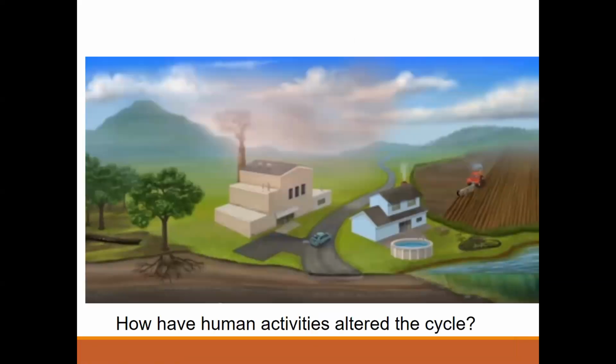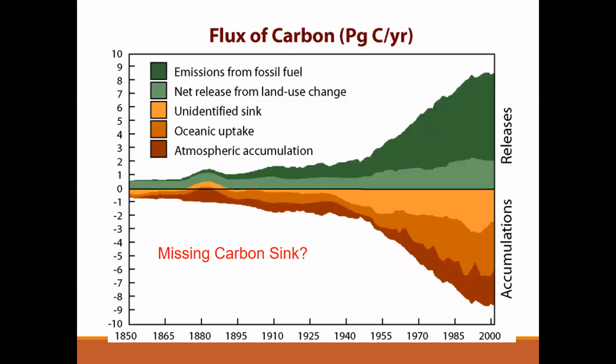Another question: how have humans altered the carbon cycle? Looking here, you can see some general ways we've altered the carbon cycle, and we'll get into more specifics with climate change. We're emitting more fossil fuel carbon into the atmosphere, digging it up and burning it, and we are also deforesting, which means we have fewer photosynthesizing organisms on the surface of the Earth able to capture that carbon, or as we say, sequester it, and pull it back down.